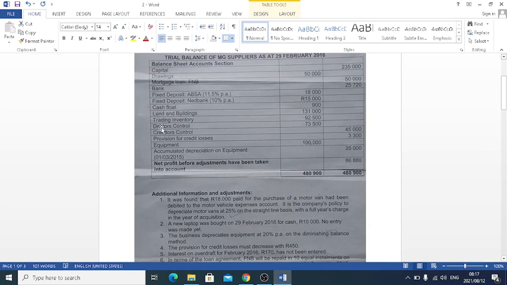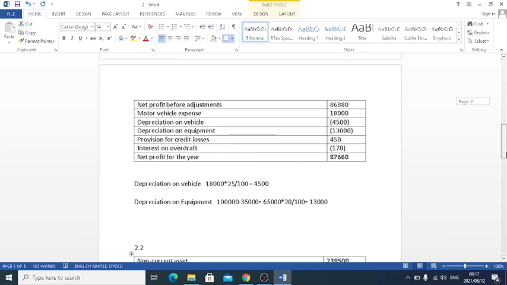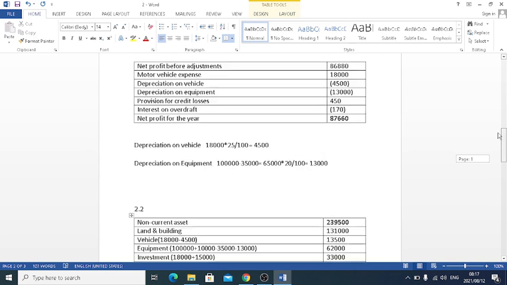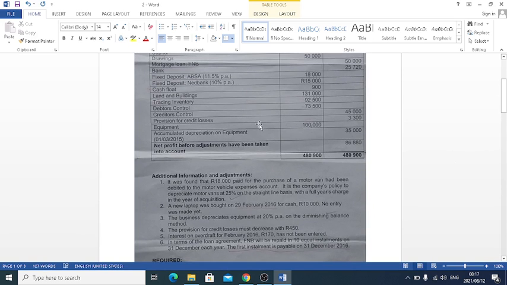We had a debtors control of 73,500. So I think there's an error in here. 73,500. Then we minus those whom we are writing off. How many are we writing off? We budgeted 3.3 and they told us that the provision must be decreased by 450.